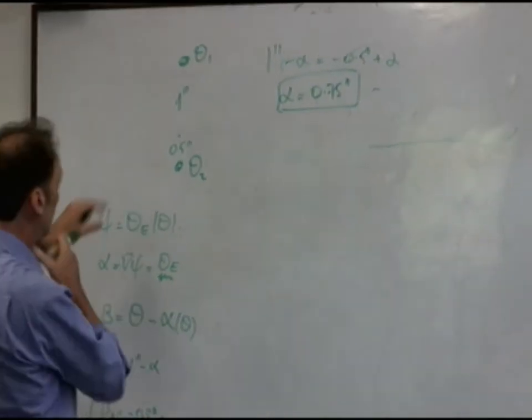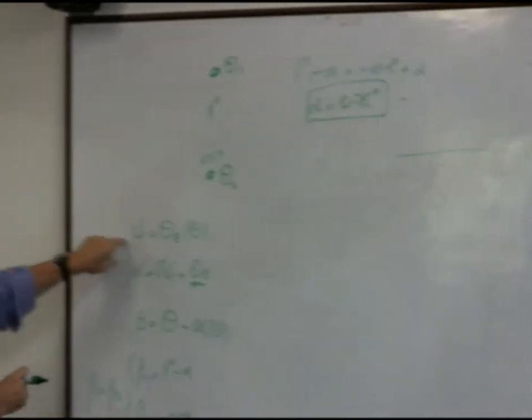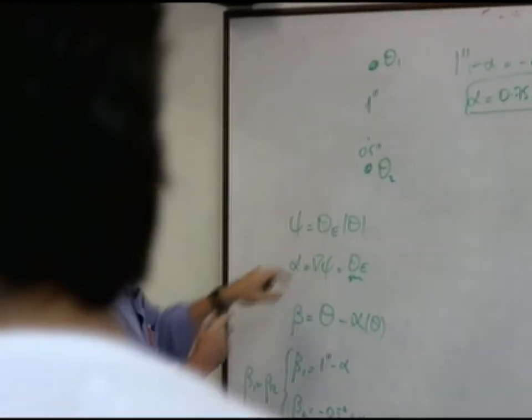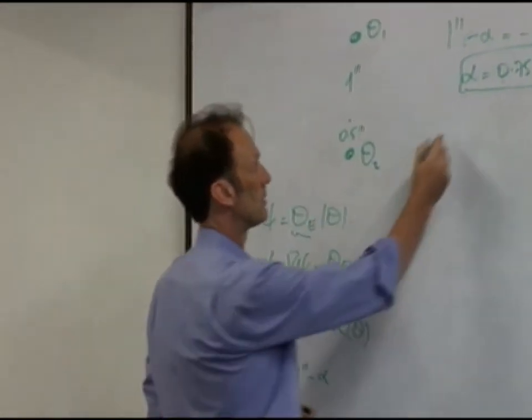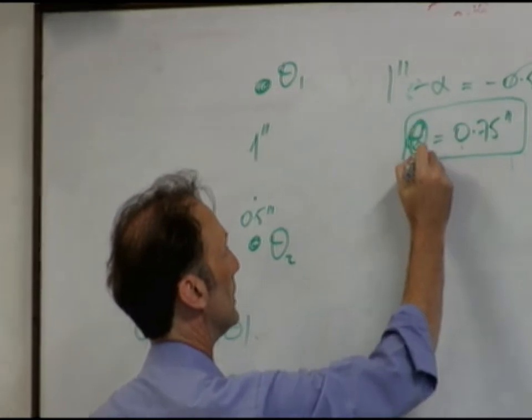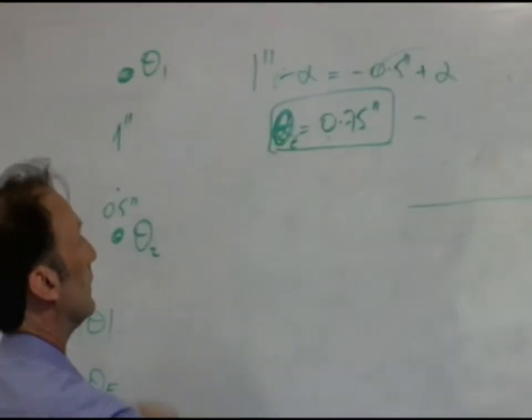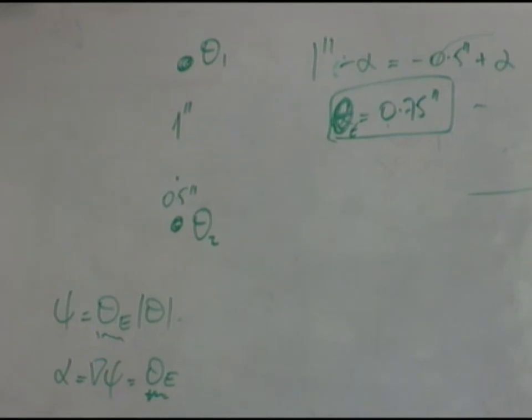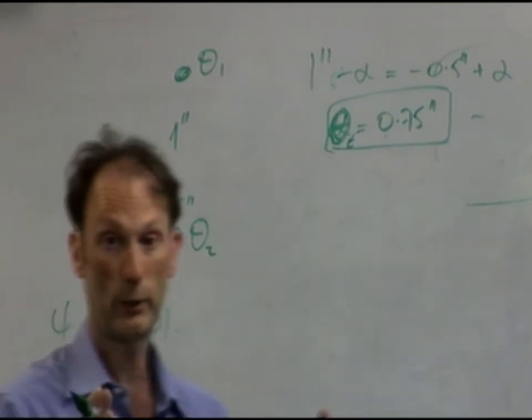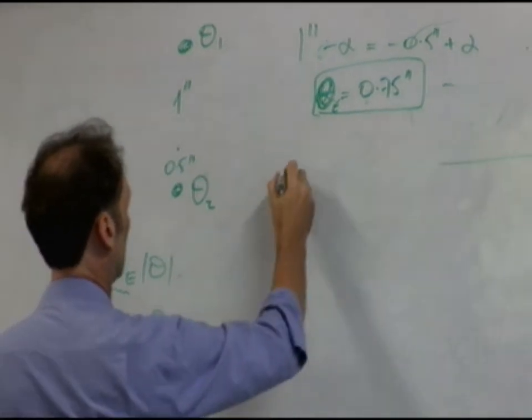So what we've done now is we've started from a lens where we know the kind of lens, but we don't know this theta e. We didn't know this, and we've used the images to solve for what theta e is. Sorry, theta e is equal to 0.75 arcseconds. And so once you know the lens, we now have the lens potential exactly.